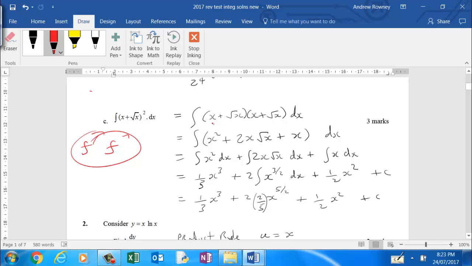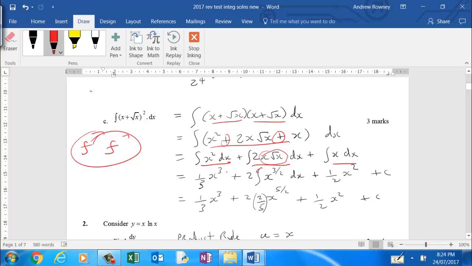So expanding that using FOIL, we get first, outer, inner, last. The pluses mean you've got separate terms, so first term, second term, third term. And now using the power rule, squared becomes a cube, but divide by the 3, and same with the rest of them. But this one here, you can combine x to the 1, x to the half, is x to the 3 on 2.